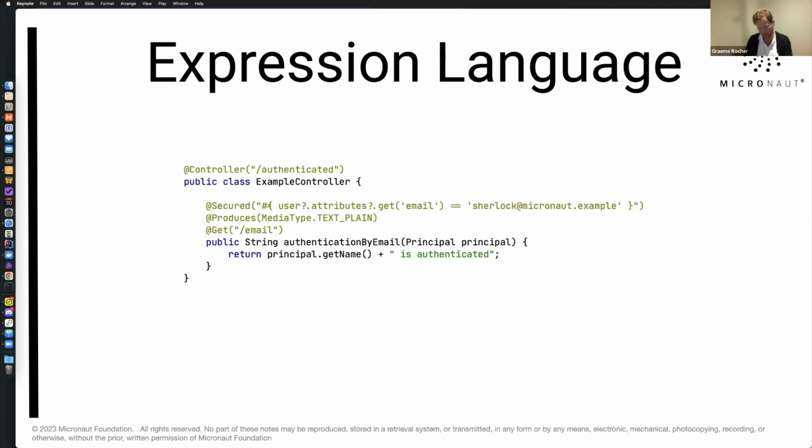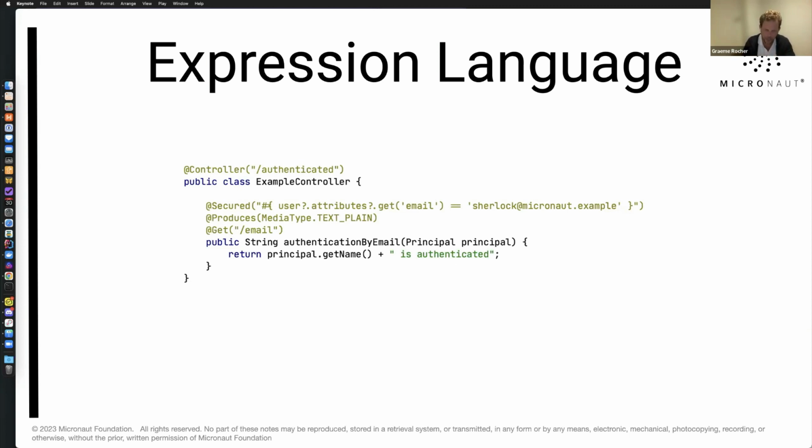So in this slide, you can see that we're securing a method using @Secured, using an expression that checks a user's email address. The expression that you can place in there has some things from Groovy, like the safe navigation operator, but it's basically a little language where you can refer to a current context and so forth.